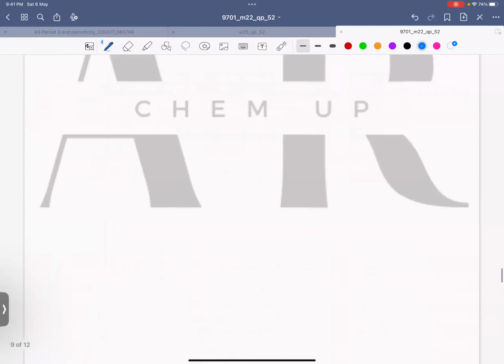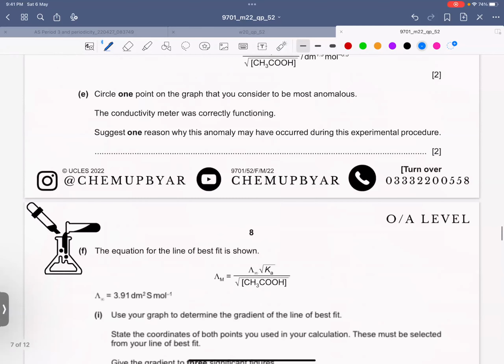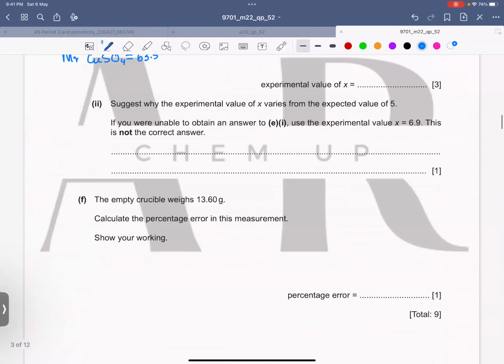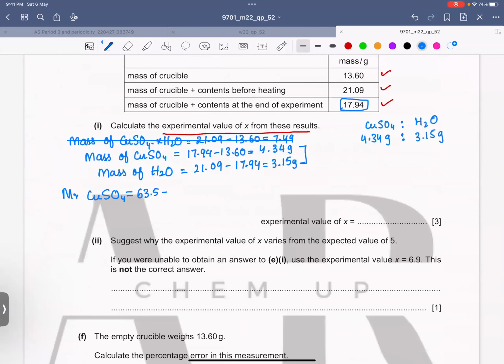Okay. There is sulfur, which is 32.1. And there are 4 oxygens, so 4 times 16.